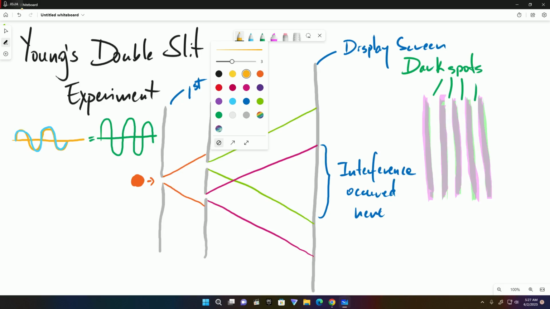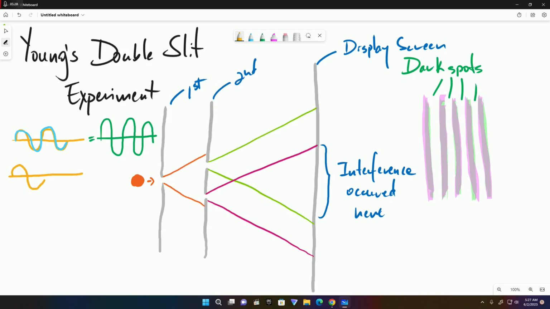That's constructive interference. But two waves can also meet in such a way that they cancel each other out. And you get basically no wave. You just get a flat line. This is constructive interference, and this is destructive interference.